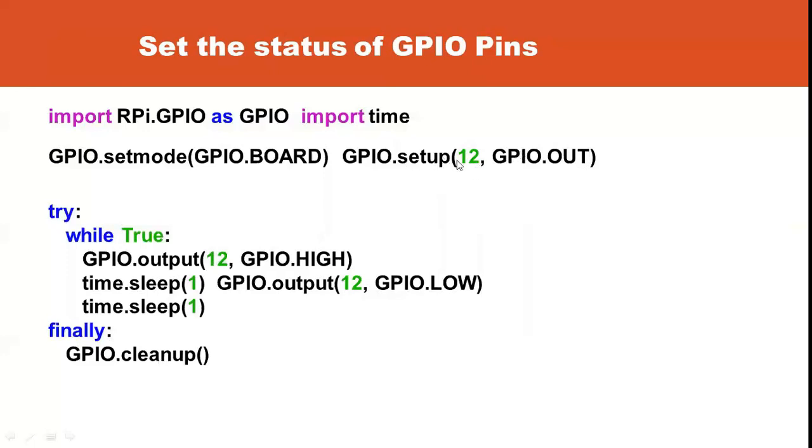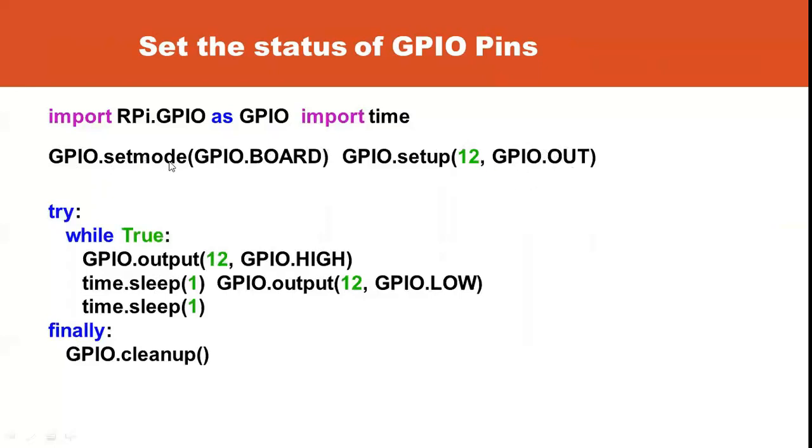So the function that is used to configure a port is setup. If you can observe here, this GPIO is the package. Then within that we have the function setmode. So setmode will set the board, which means we are acting on the GPIOs. Then we will set up pin number 12 as the output.